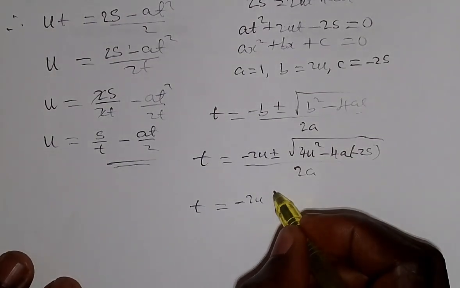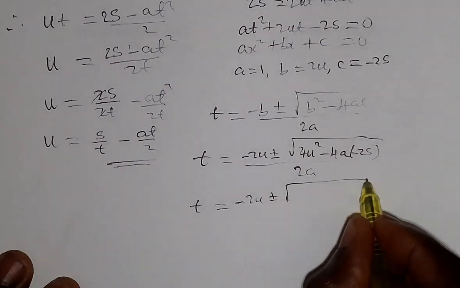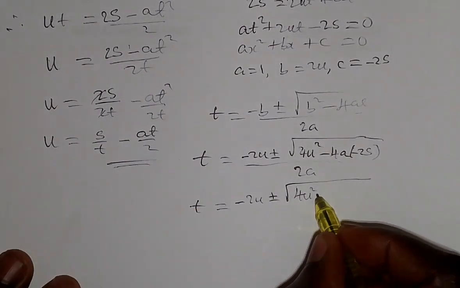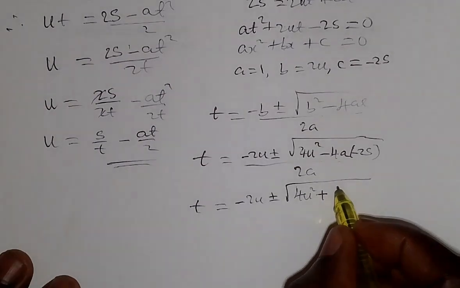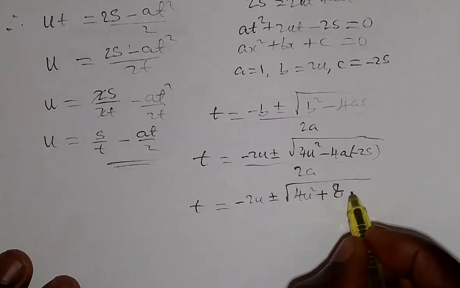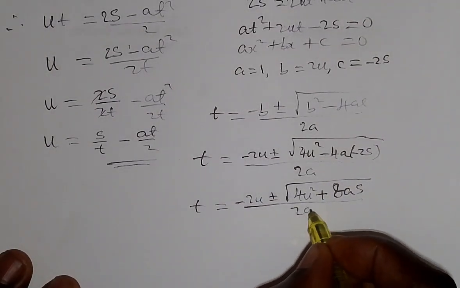So minus 2u plus or minus, then this will give us the square root of 4u squared, minus minus is plus, so this will be 8, 2 times 4, 8as, all over 2a.